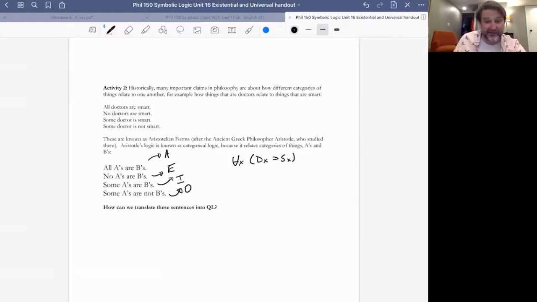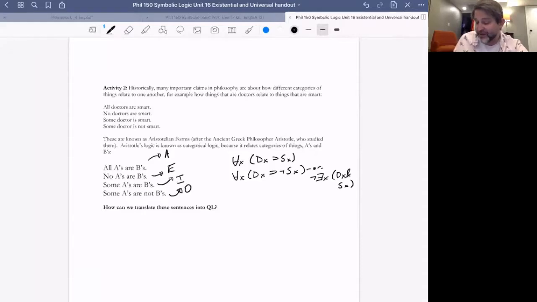One way in which we might express this is by saying, for all things X, if X is a doctor, then it is not the case that X is smart. Or we might also say, there does not exist something X such that X is a doctor and X is smart. So that'd be another way to express that idea.